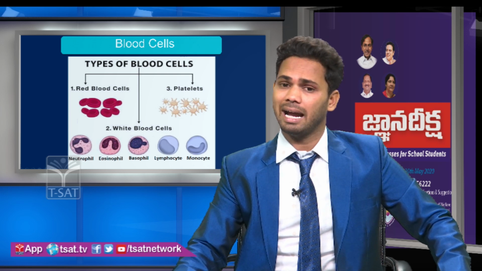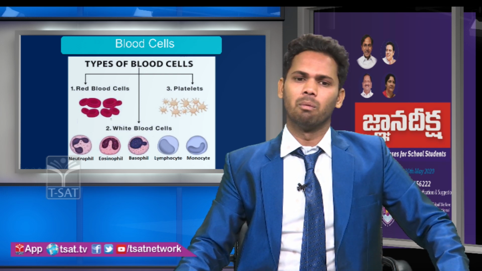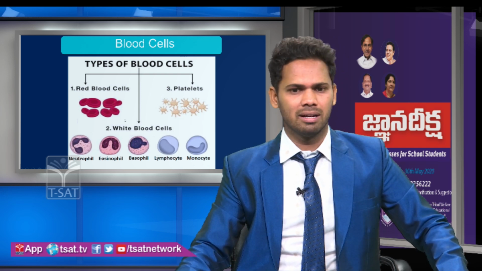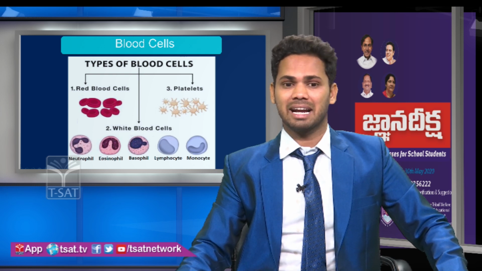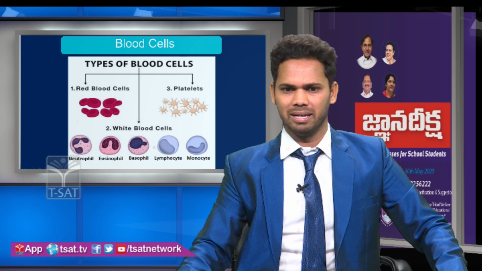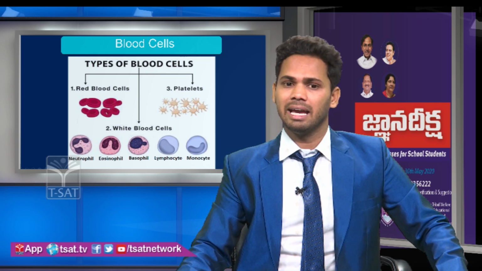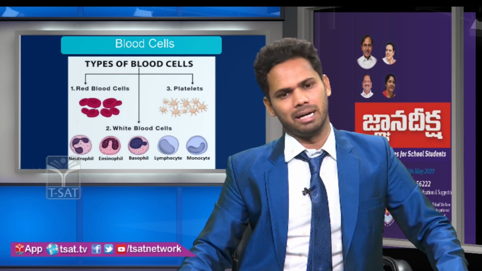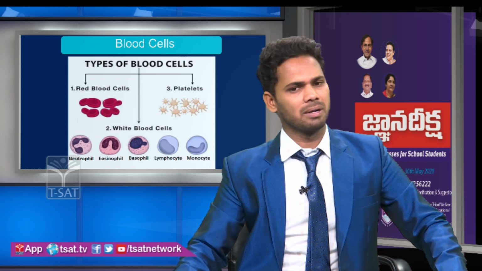They produce antibodies in our body against pathogens. White blood cells are also called leukocytes. A speciality of white blood cells is that they contain a nucleus. In all of them you can see a nucleus, but red blood cells do not contain a nucleus, except in camel and llama. Camel and llama red blood cells contain a nucleus.